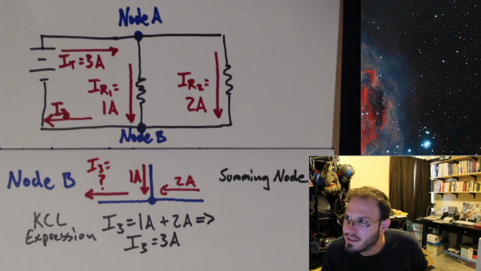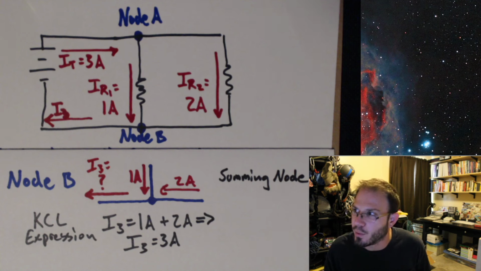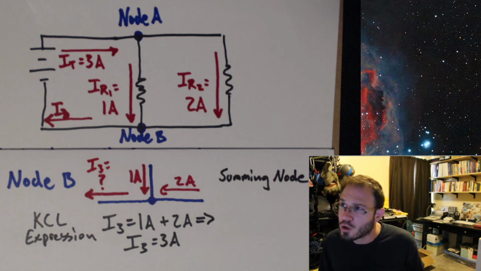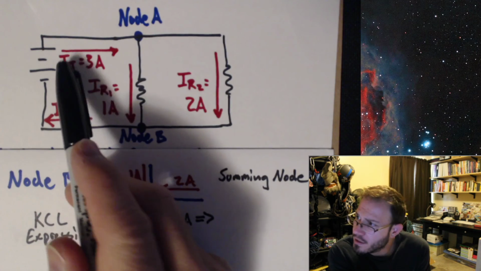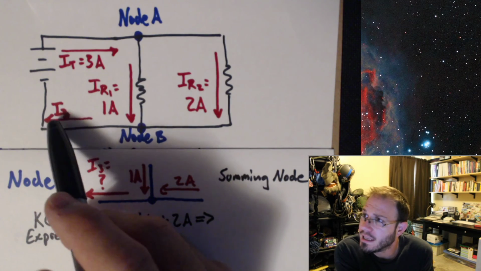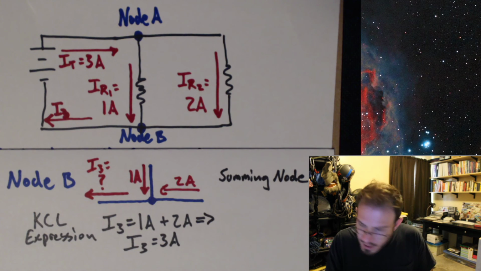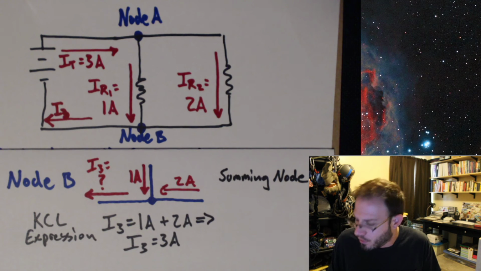And you also notice that 3 amps is the same that was leaving that voltage source. I have 3 amps coming back into that voltage source. This is always true. The current leaving this voltage source should equal the current that's entering back into that voltage source. Now, normally I don't even write I3. I don't bother.